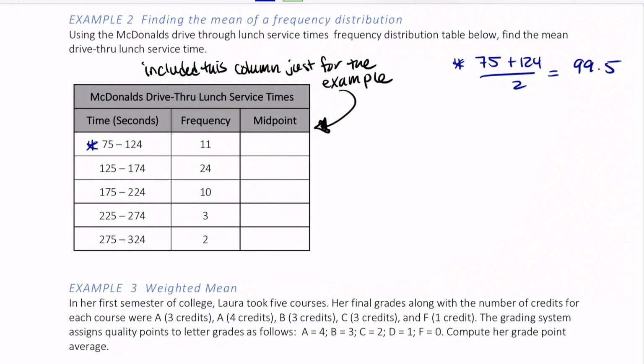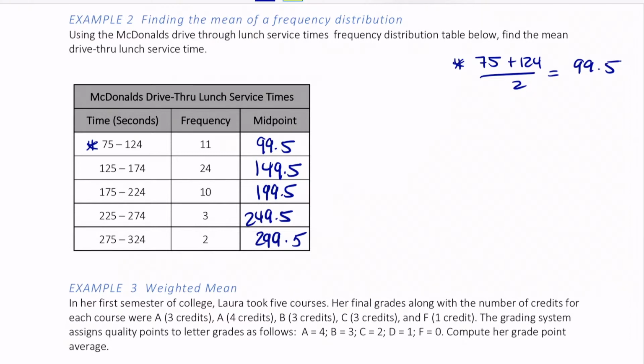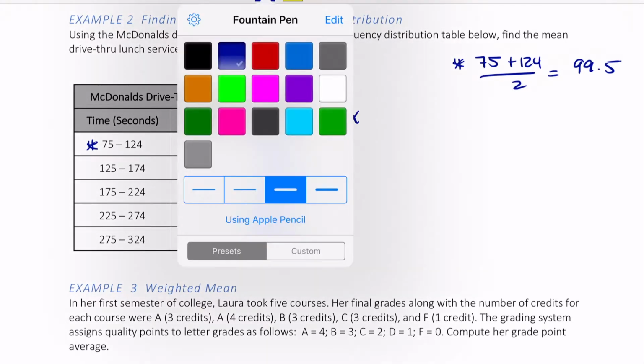Go ahead and pause the video and fill in the remaining values on the table. Your table should look like this, and now we're going to multiply the frequencies and the midpoints. So we want f times x, where f are our frequencies and x are the individual midpoints.